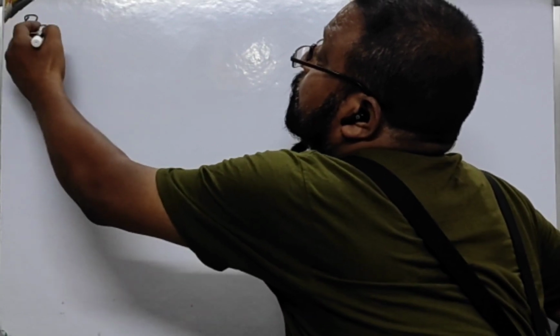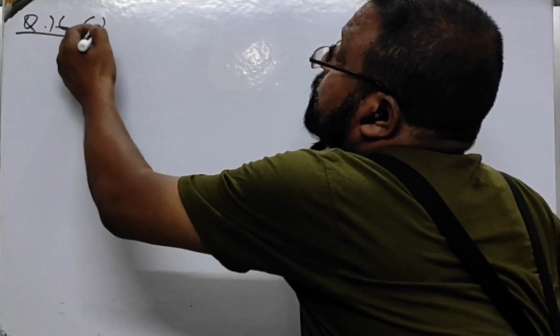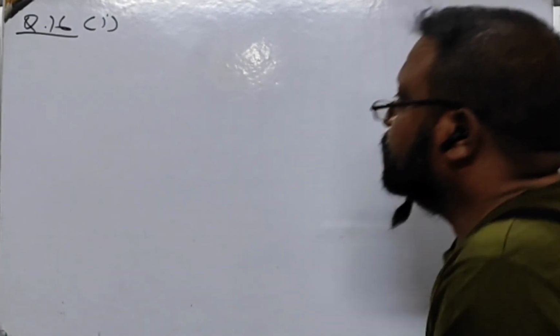So question number 16, first part, is like this: the sides of a triangle are in the ratio 7 is to 5 is to 3, right?